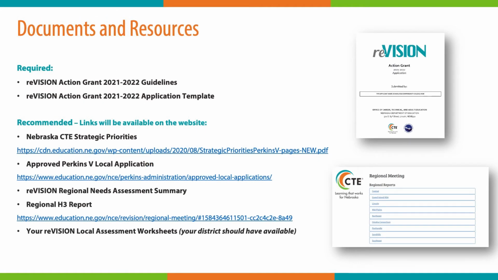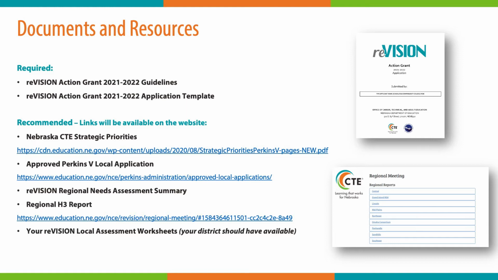You'll find these documents and resources helpful to have on hand as you prepare your proposal. Required documents would be the Revision Action Grant 21-22 guidelines and the Revision Action Grant 21-22 application template. We also recommend these resources, and the links will be provided on the website.